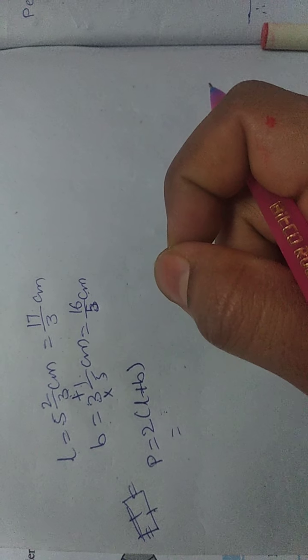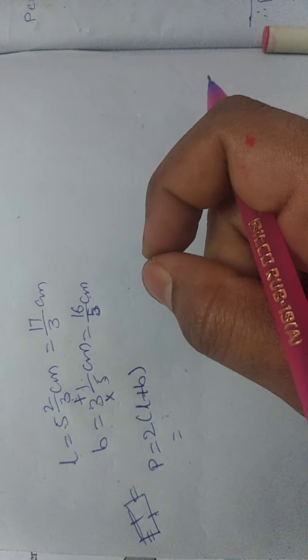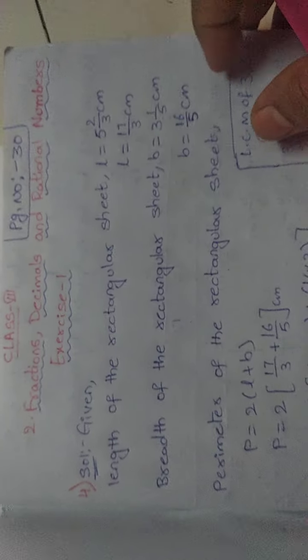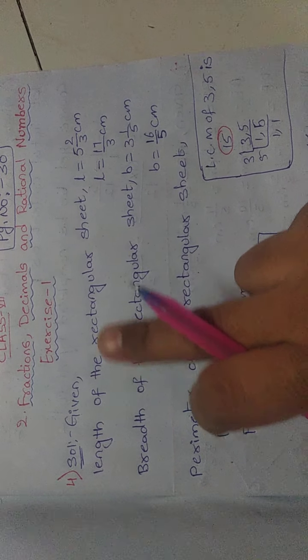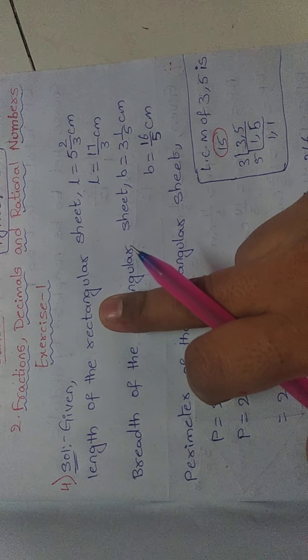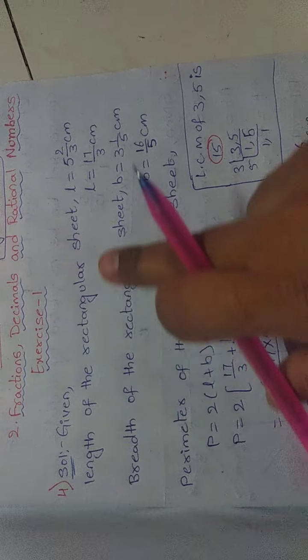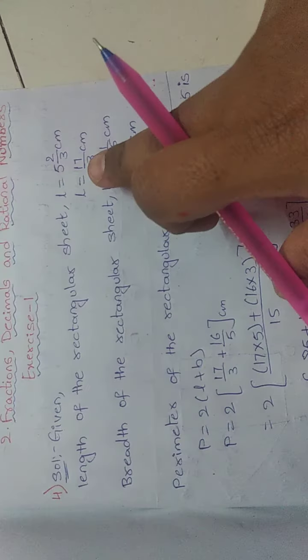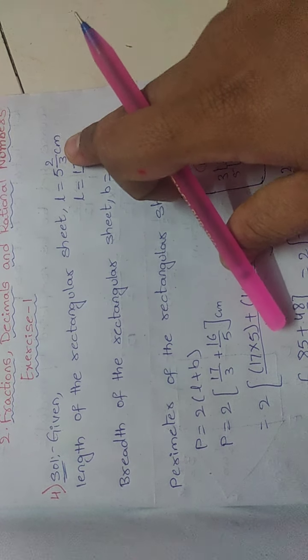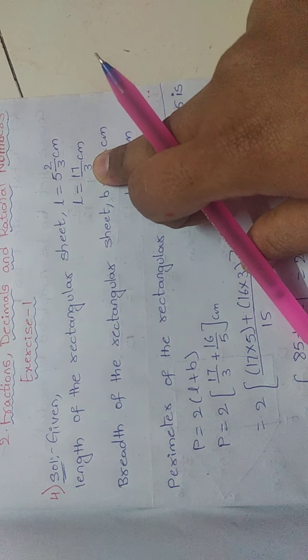How to write the solution? Okay, with statements I will show you. Here see this one. Given length of the rectangular sheet, what they gave in the question, that we should write first. Given length of the rectangular sheet L is equal to 5 2/3 centimeters, and here I converted the mixed fraction to an improper fraction, 17/3.